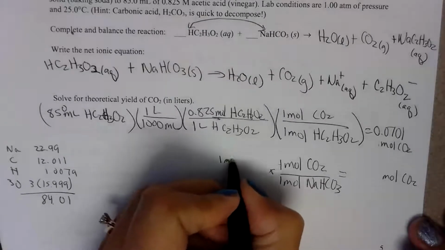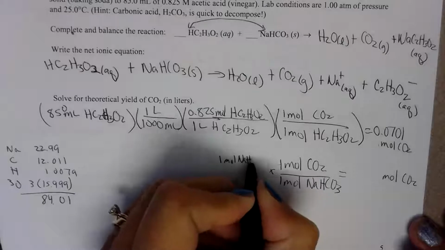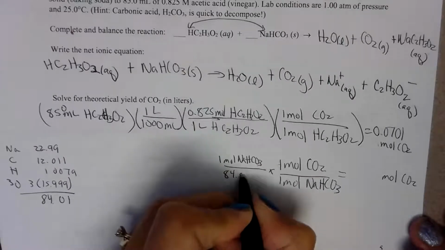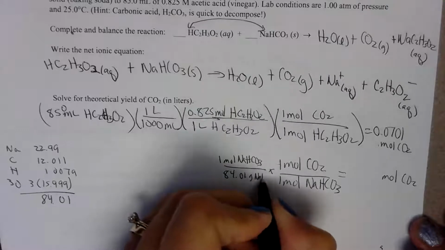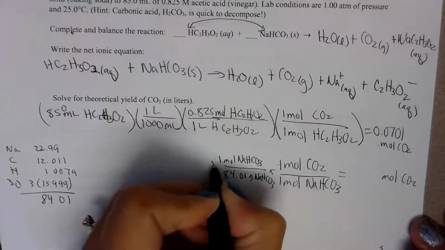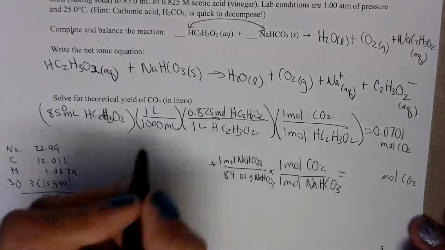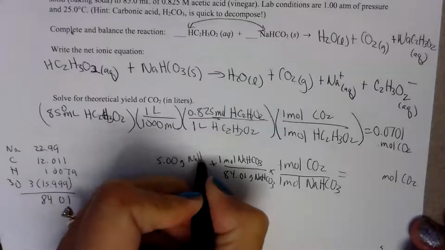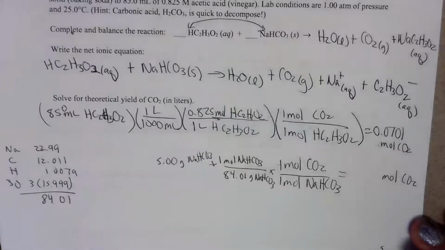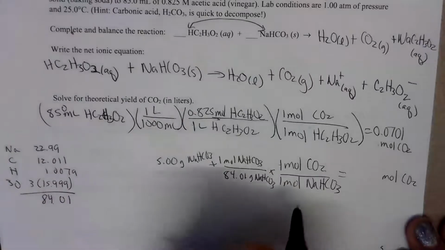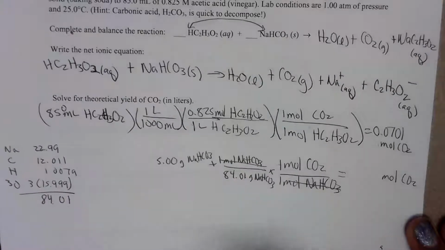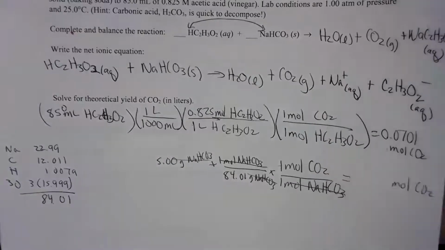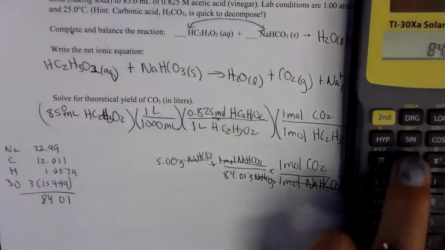You know that 1 mole of sodium bicarbonate weighs 84.01 grams. And we had 5.00 grams of it. Okay, if we did everything right, all the units except for moles CO2 should cancel out. So the moles of bicarbonate cancel, the grams of bicarbonate cancel. Boom, we got it.